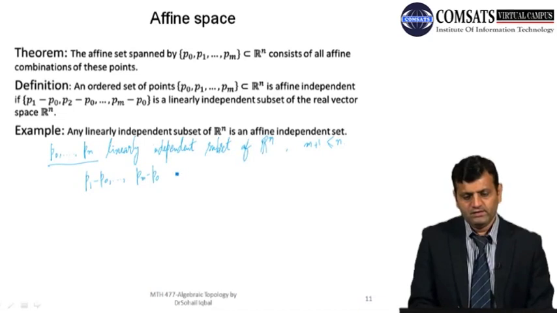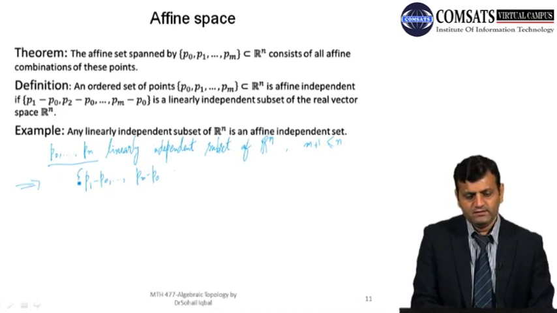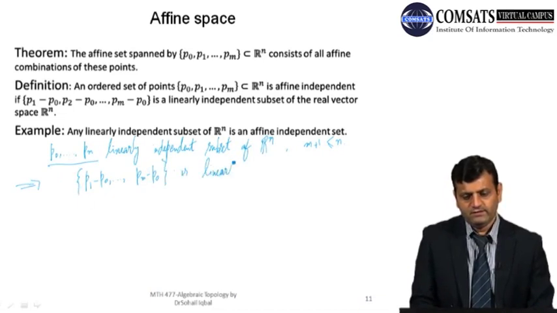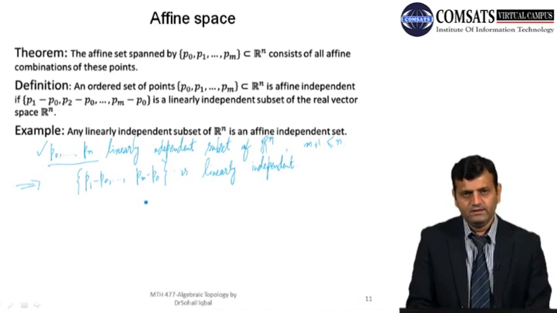So it is a little exercise for you that this implies this set is linearly independent. You can try to show it by contradiction: assume that this is linearly dependent, and see if you come up with some contradiction, that this set is also not linearly independent. So this is a simple example of affine independence.